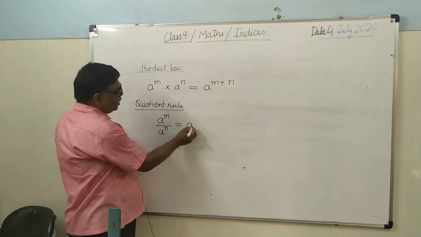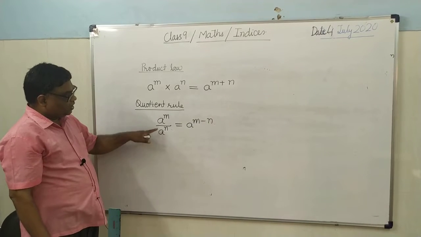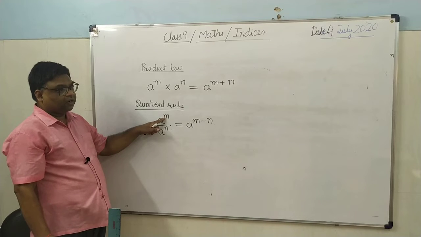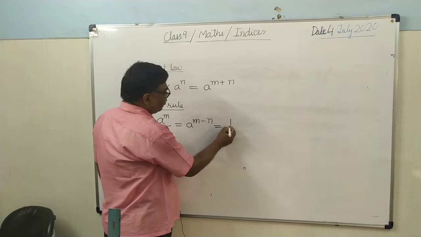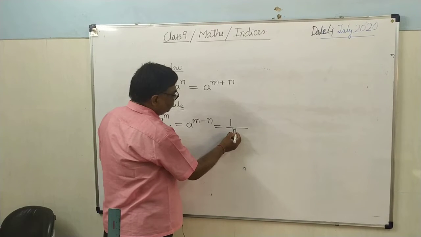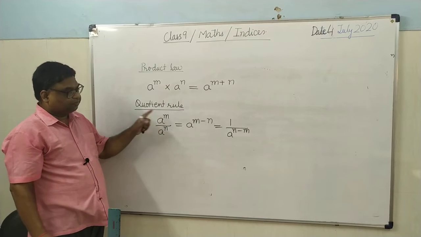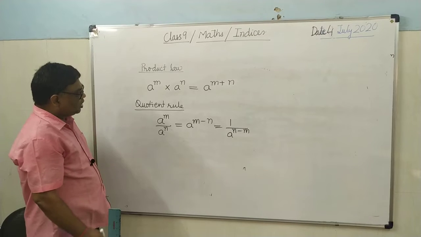You can write a to the power m minus n. When you bring it up, its power will be subtracted from its power. When you bring it down, the power of this will be subtracted from the power of this. It's clear?